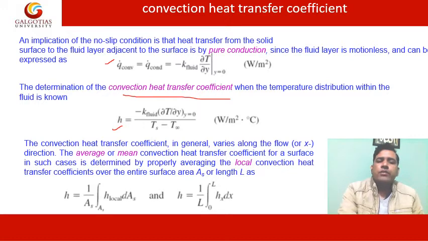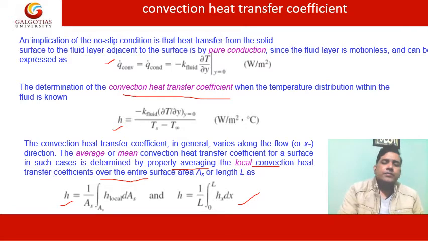The average or mean convection heat transfer coefficient for a surface in such a case is determined by properly averaging the local heat transfer coefficient over the entire surface As or length L, given by this relationship. By integrating this equation and finding the average, we will get the average or mean convection heat transfer coefficient.